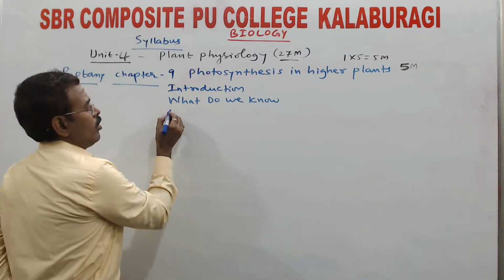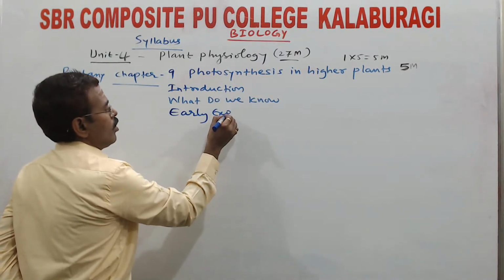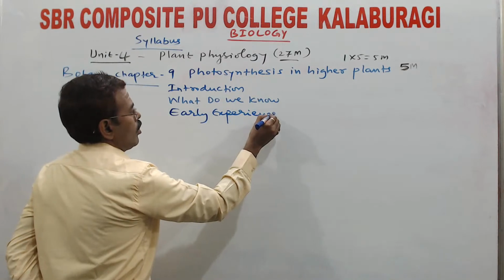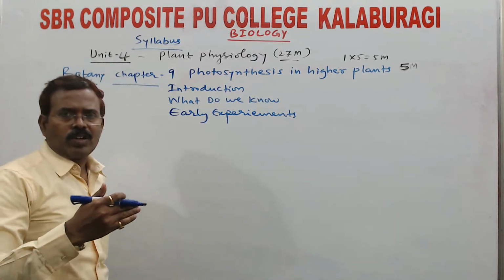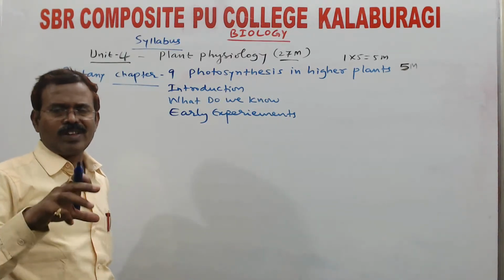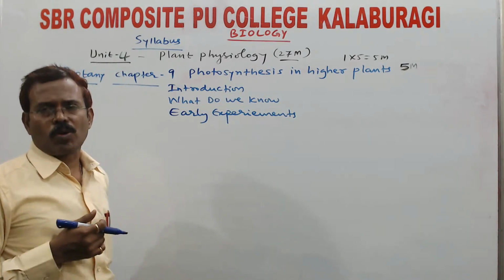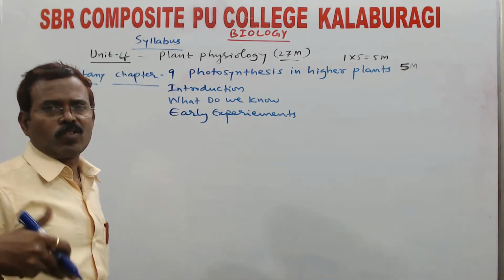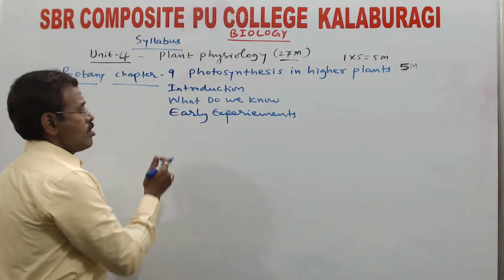So early experiments, the various research works which have been conducted in the field of photosynthesis, some selective scientists, their contribution towards the field of photosynthesis, what research experiment or work they conducted, that is early experiments.